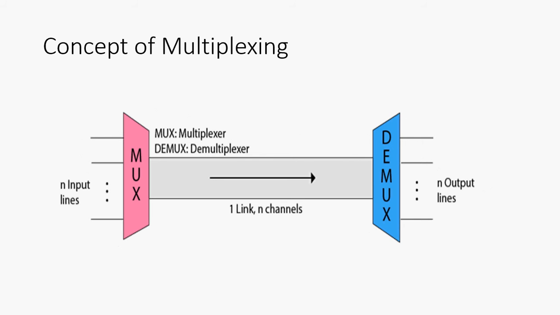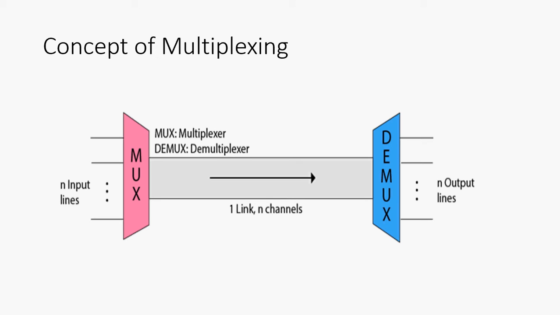This diagram explains the concept of multiplexing. Here we can see at one end there is a multiplexer installed, and at the receiving end the demultiplexer is used. The multiplexer is accepting multiple inputs and generating a single output.